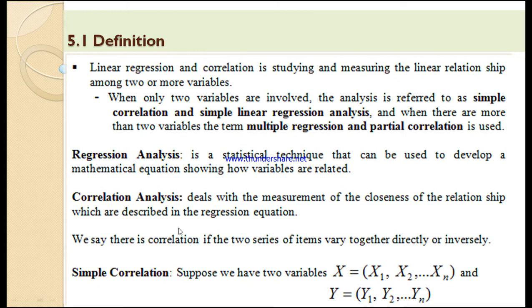So we say that there is correlation if the two series of items vary together either directly or inversely, so we only find correlation between two variables when there is a direct or indirect relationship between the two variables.